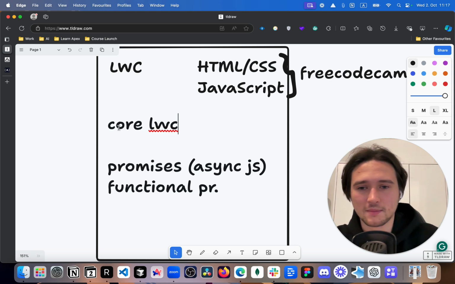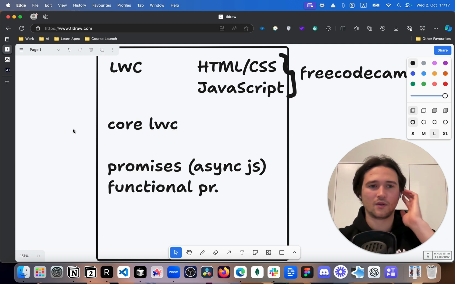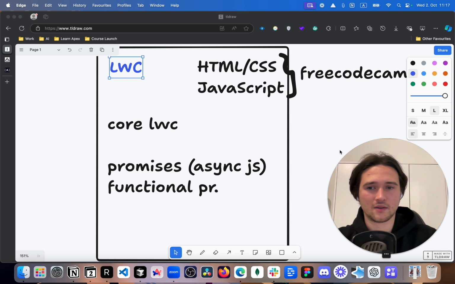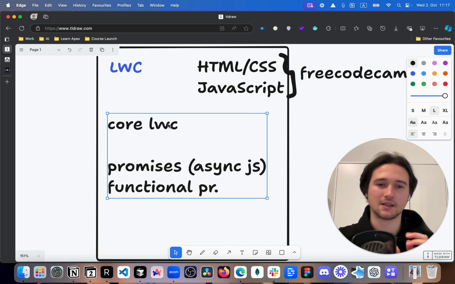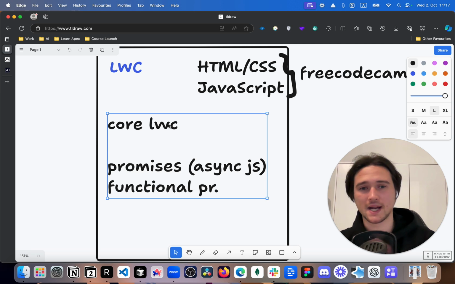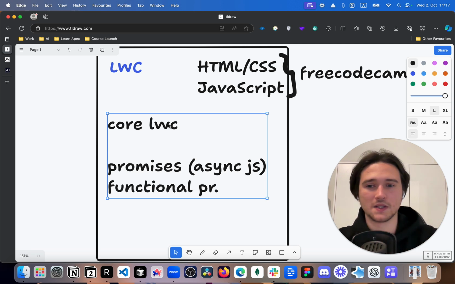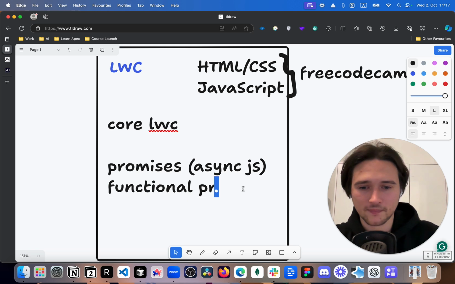This is where you learn how LWC works in general, how to create a button, how to make this button work, how to combine HTML and JavaScript in LWC, all these things, right?